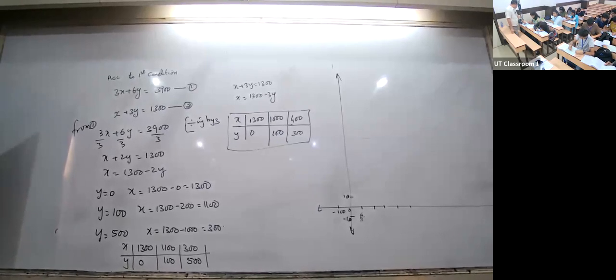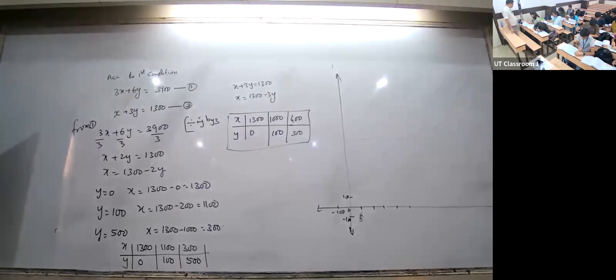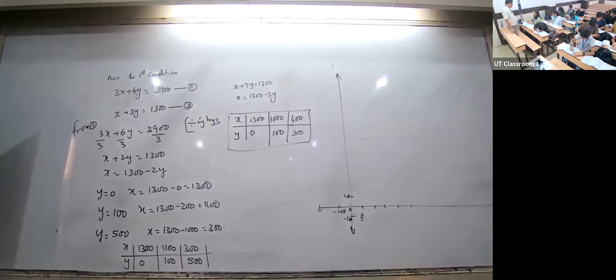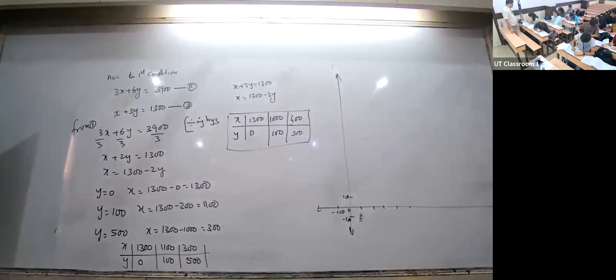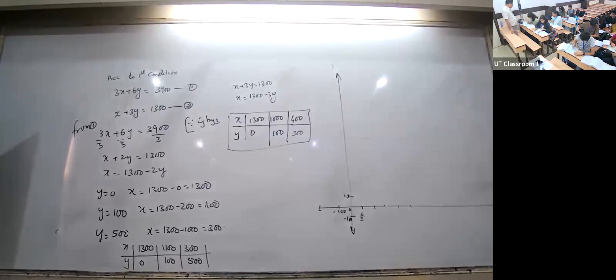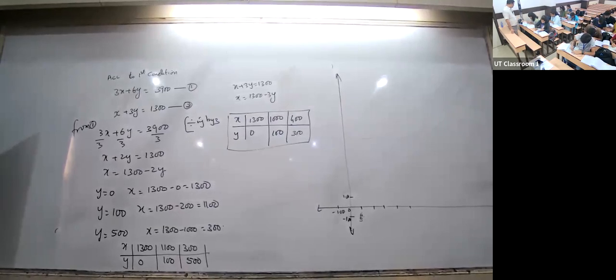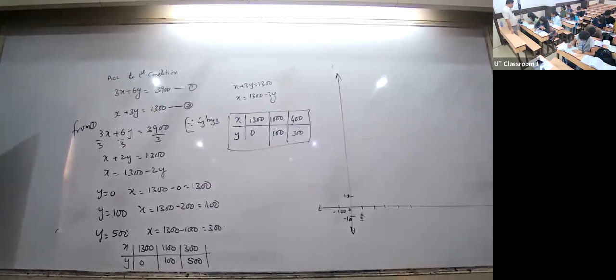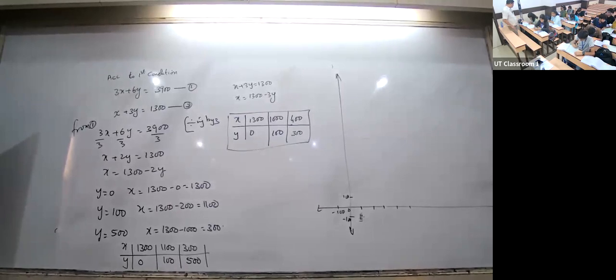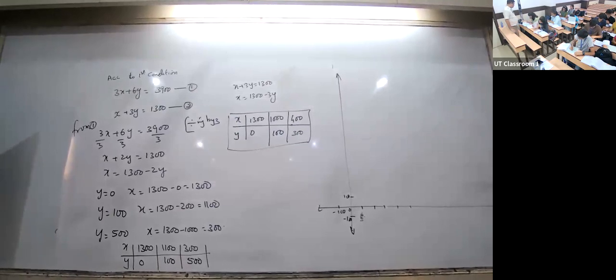This is 1300, so put the point. Then where is the second point? So mark it. Where is the third point? Keep the scale and show me whether it is coming or not.